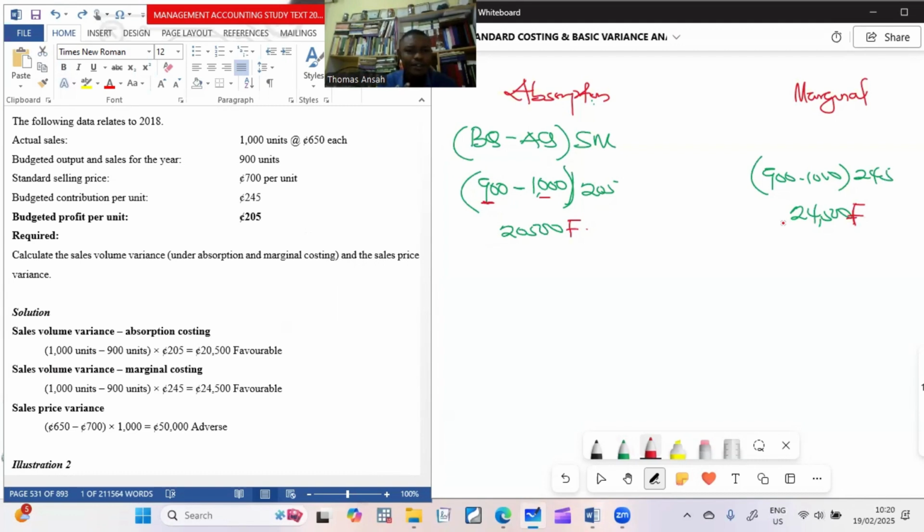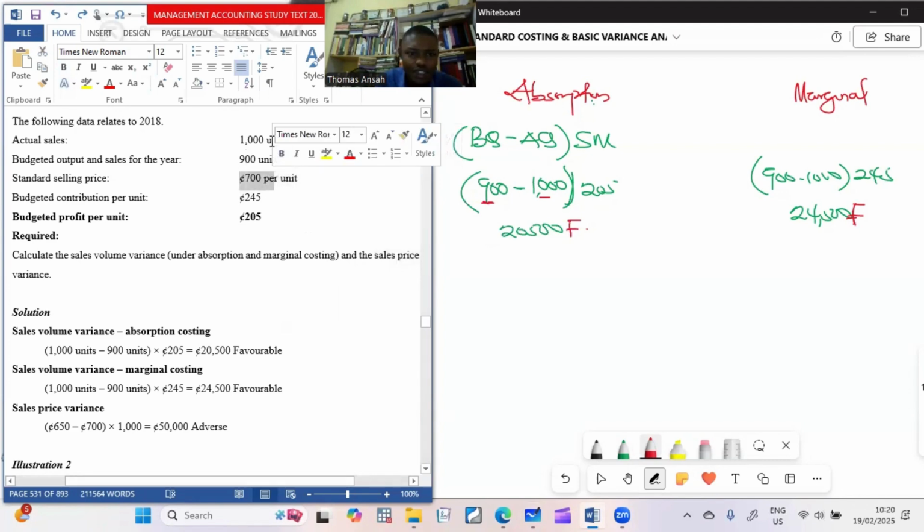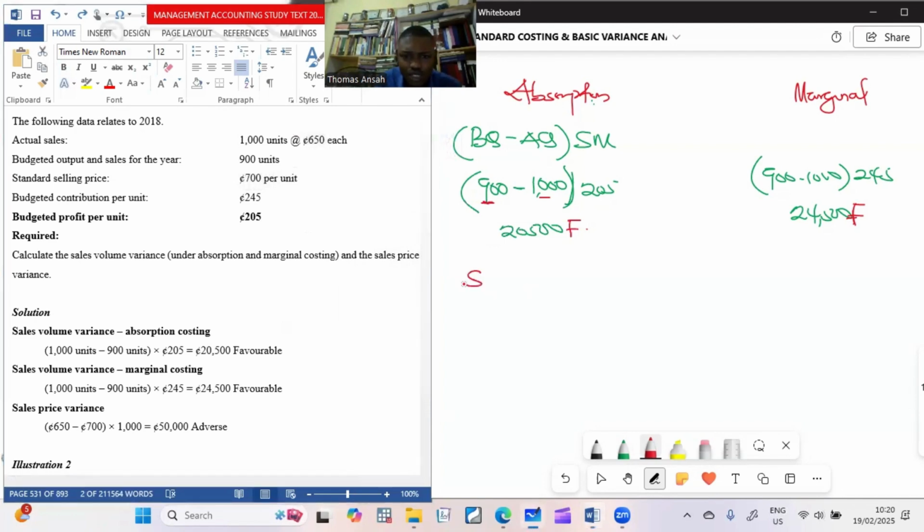But let's also do the pricing. This is the actual sales, this is your budgeted selling price, the standard, and this is your actual. So it will be the standard price minus the actual price, multiplied by the actual quantity. I hope you remember, actual quantity. The actual quantity we have is 1,000.